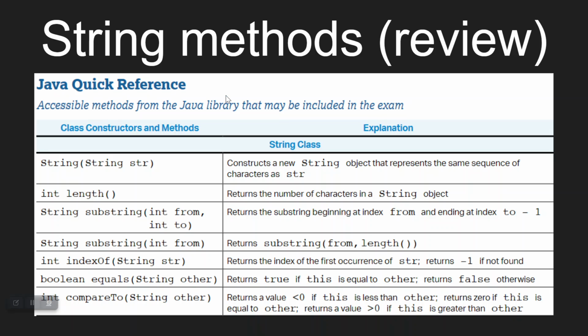So when you're taking your AP exam, in the multiple choice portion and when you're writing your FRQs, you have this cheat sheet. You can look up and remind yourself of the length method, substring method, indexOf, equals and compareTo, and you've got all of the information right here.